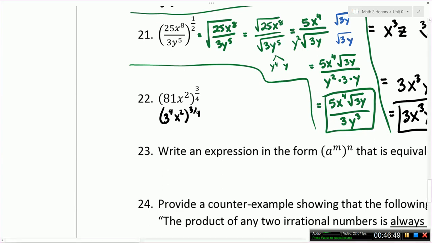Now everything's raised to the 3/4 power, so I'm going to multiply that 3/4 with those two exponents, the 4 and the 2. And we end up with 3 to the 12/4 power. And x to the power of 6/4. And then reduce. So 3 to the third, x to the 3/2.